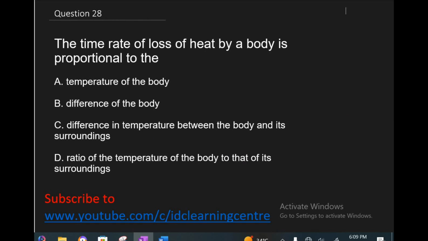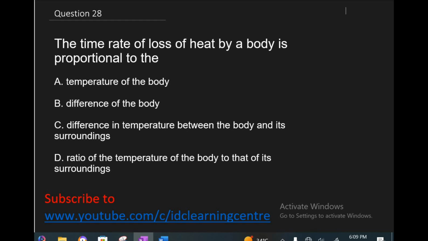Question 28 says that the time rate of loss of heat by a body is proportional to the: A, temperature of the body; B, difference of the body; C, difference in temperature between the body and its surroundings; D, ratio of the temperature of the body to that of its surrounding.